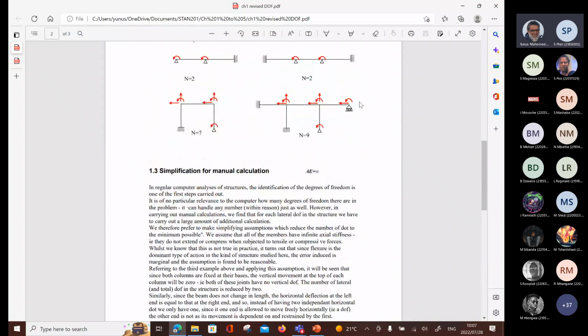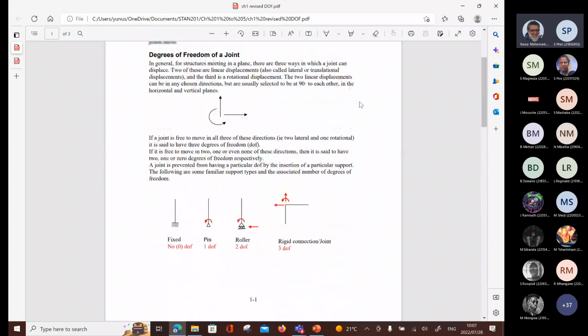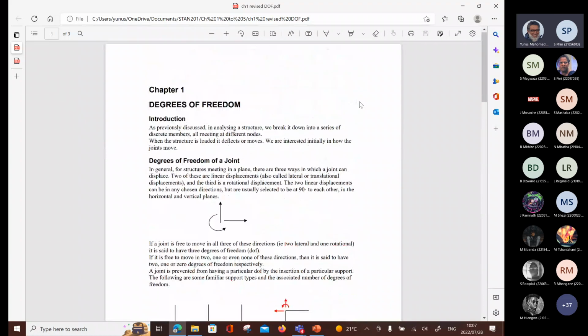Okay, so the first thing that I want to clear up is degrees of freedom. Now, you did in mechanics, if something is given to you, being able to say whether this is determinate or indeterminate.